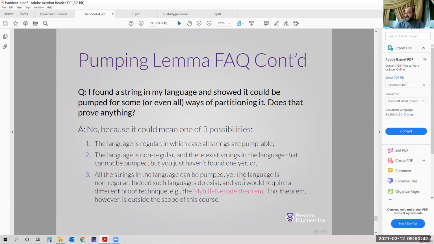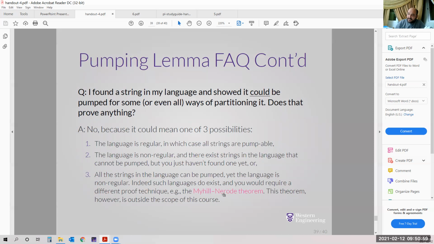Indeed, such languages do exist, and you would require a different proof technique like the Myhill-Nerode theorem. This theorem, however, is outside of the scope of this course.